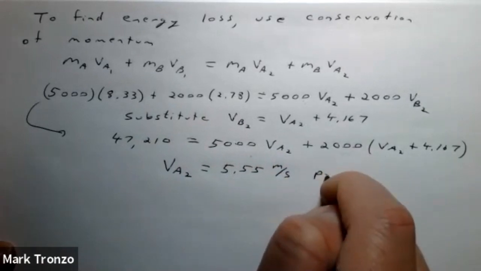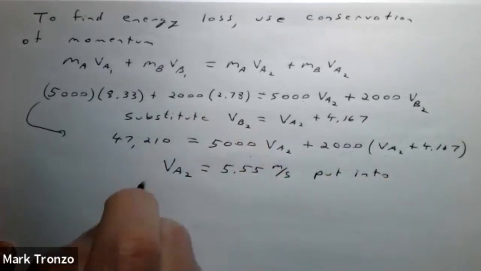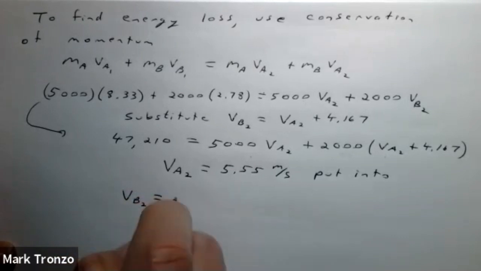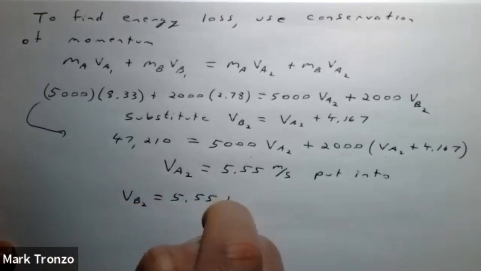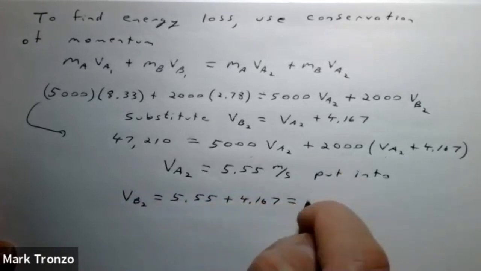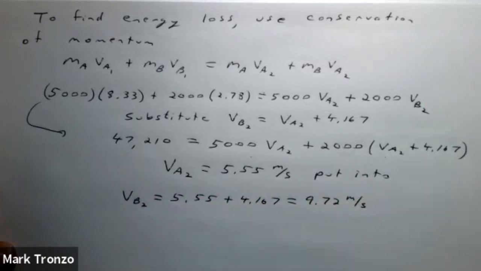And then if we put this back into this equation, we get VB2 equal 5.55 plus 4.167, which is equal to 9.72 meters per second.